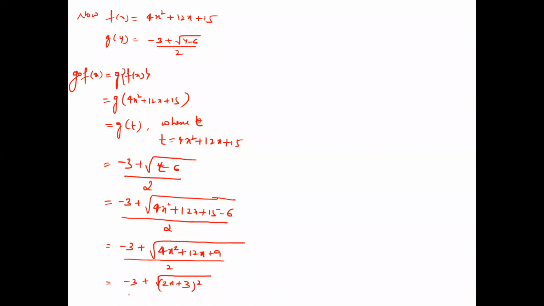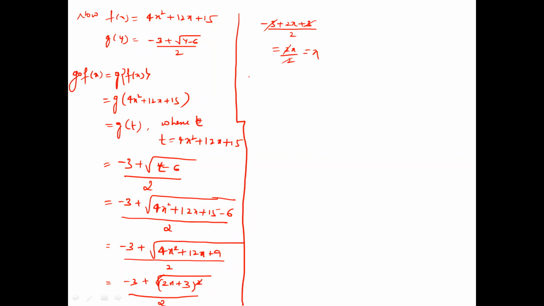These are right. Now square and square root get cancelled. What will we get? Minus 3 plus 2x plus 3, divided by 2. So this 3 gets cancelled, we get 2x by 2, and the answer is x. So g composition f of x equals x.